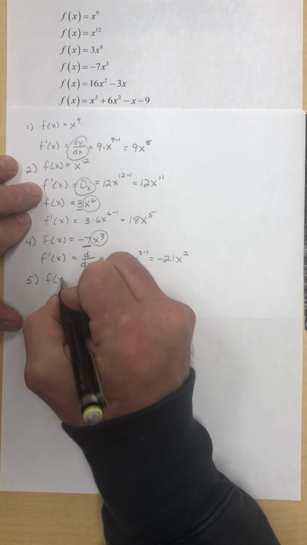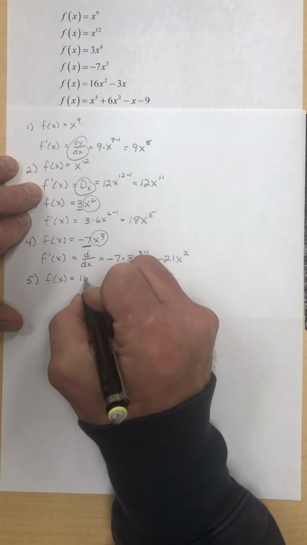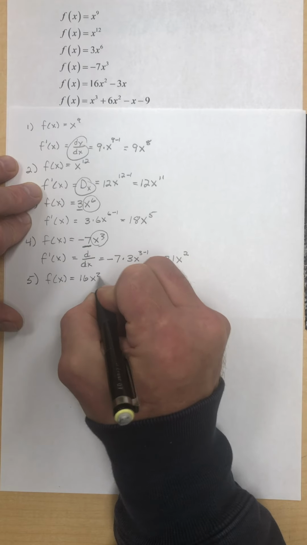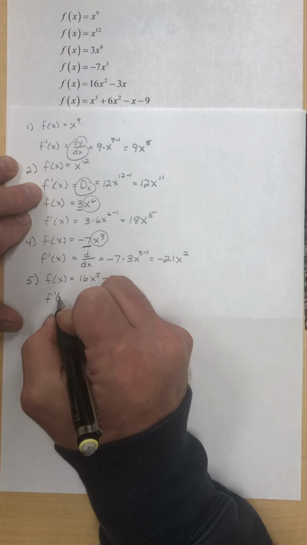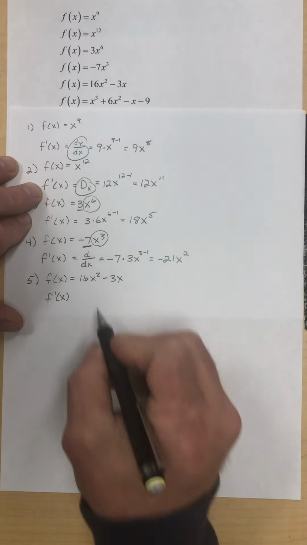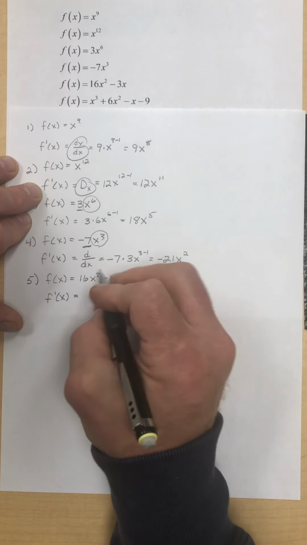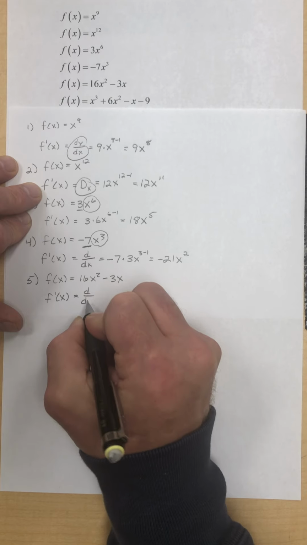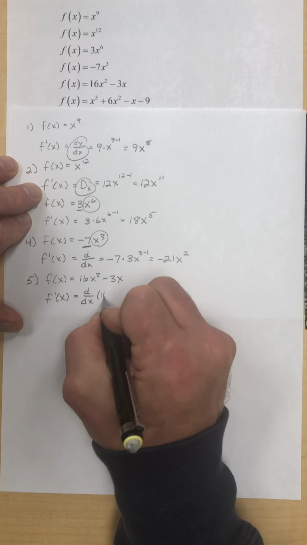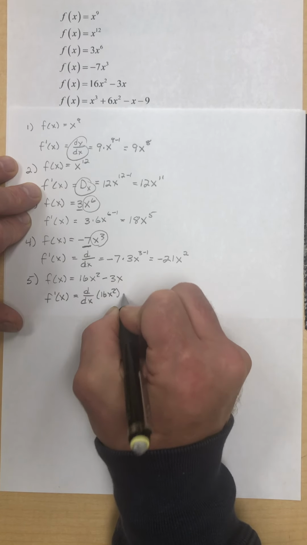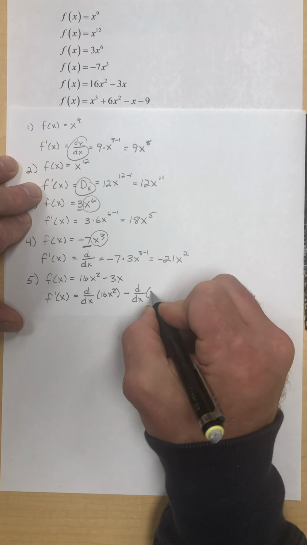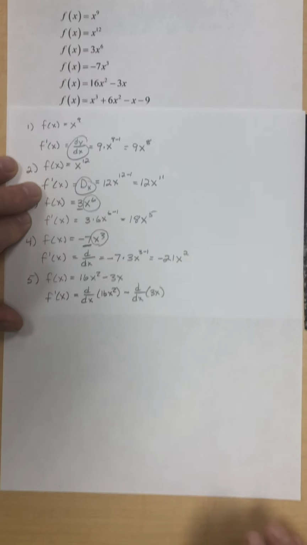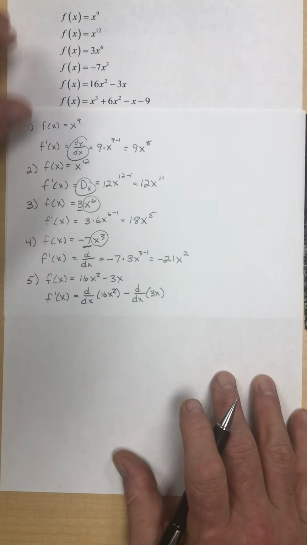So if f of x equals 16x squared minus 3x, then f prime of x, I can just take the derivative of each term. So I'd go d dx of the first term, 16x squared, minus d dx of the second term, 3x, and just do my derivatives like that.